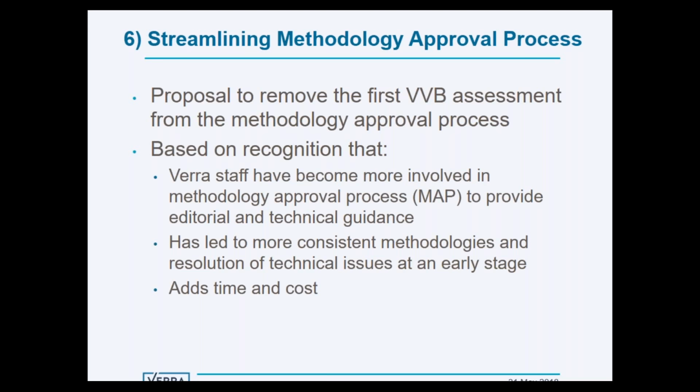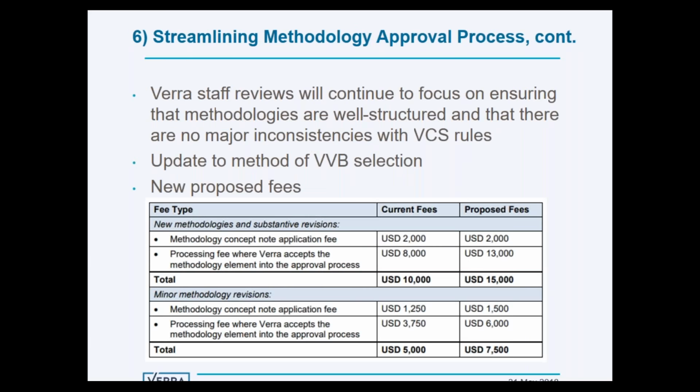Now, we think this has been beneficial, but of course it adds additional time and cost for Verra staff to be more involved in the process, to be doing more lengthy reviews than we have in the past. And so to accommodate that, we're proposing to remove one of the VVB assessments. So for folks who have developed methodologies and been through this process before, our review scope won't change, or it's not envisioned to change.